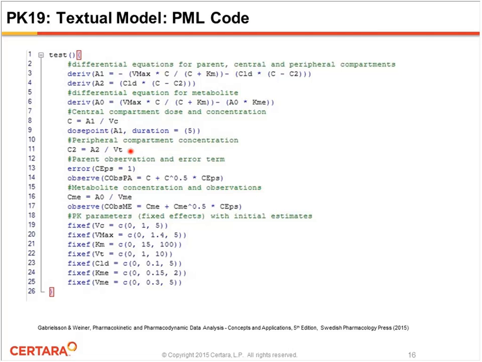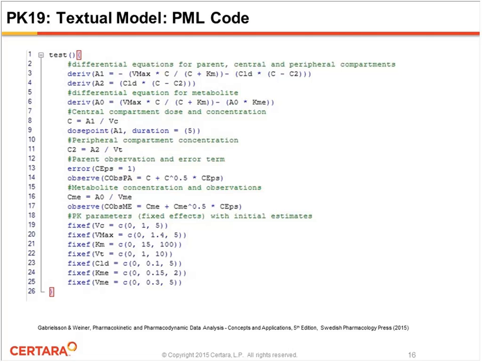The peripheral compartment concentration at the start of the model, C2 equals A2 divided by the volume of distribution for the tissue compartment. Next, we have observations. This observed statement talks about the observed concentrations for the parent equals the concentration in the central compartment, and then here we have this error model, where we have a power error model with an epsilon equals 1.